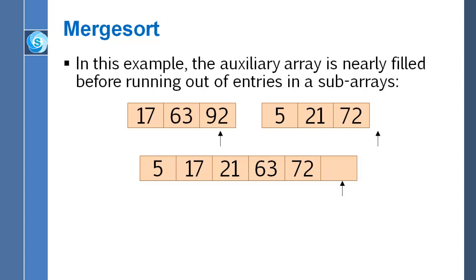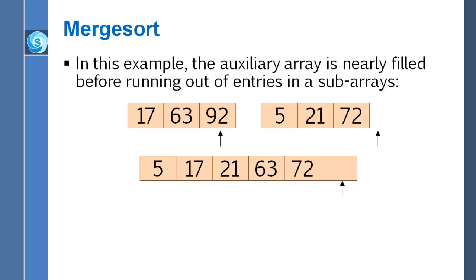If you step through it, and I definitely encourage you to fill in the missing steps here, we will have copied 5, 17, 21, 63, and 72 into the auxiliary array, and at that point there's nothing left to look at. We've used up all the numbers in the second half of the original array. Okay?